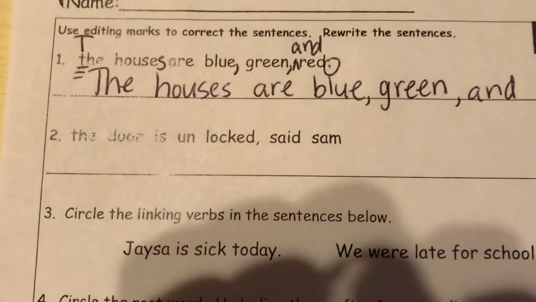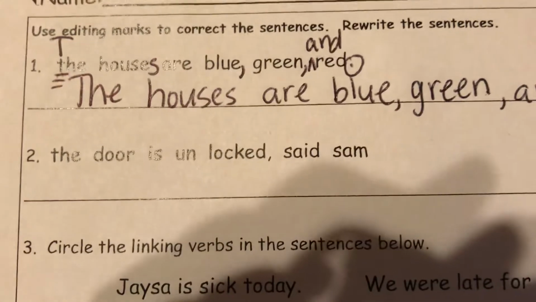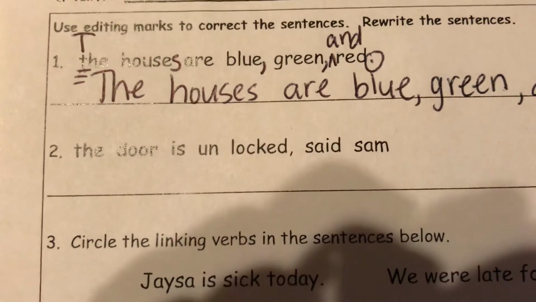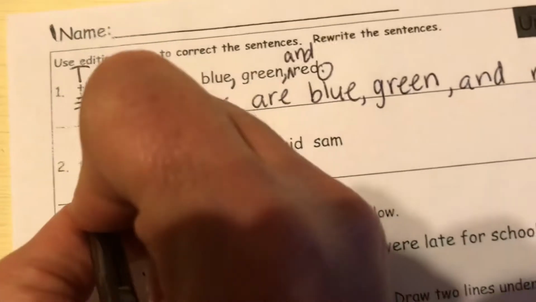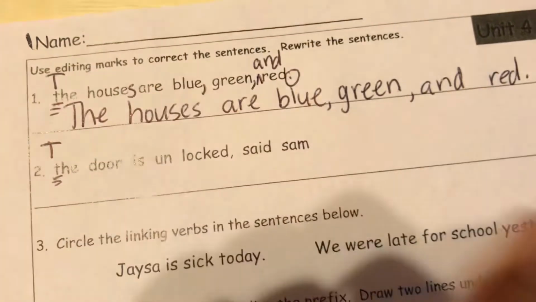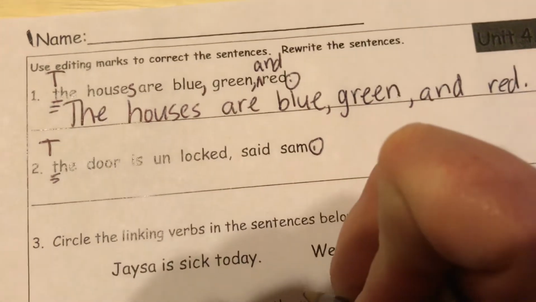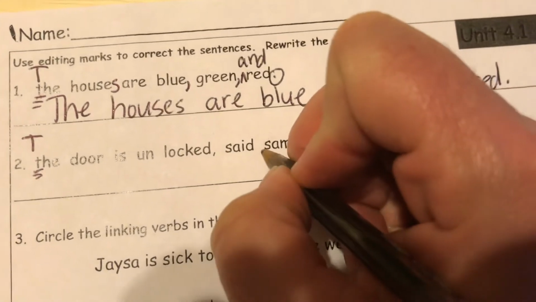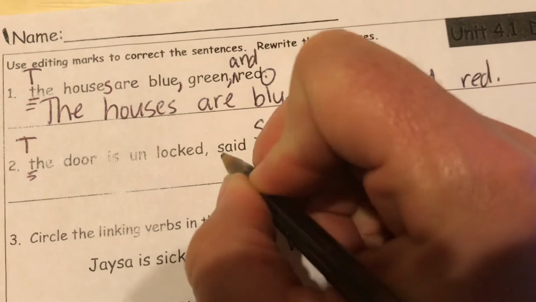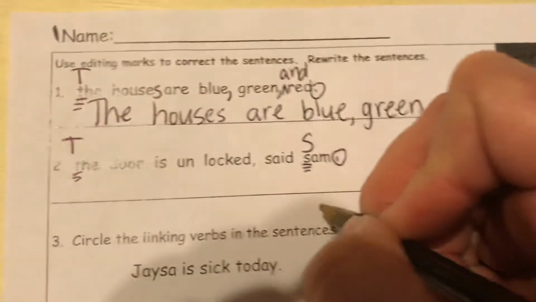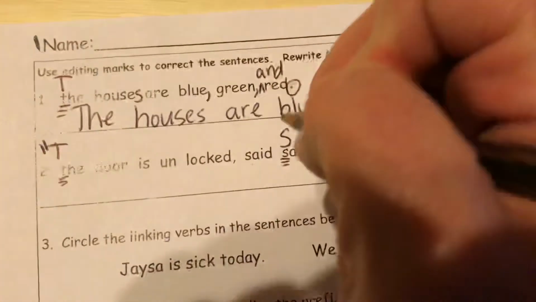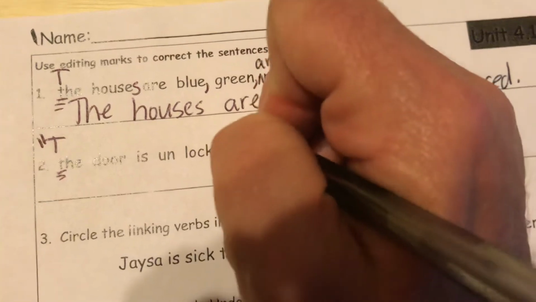Okay, number 2. The door is unlocked, said Sam. So let's see what you guys do for that one. I'm sure that you capitalized, and I'm sure that you put a period because it's telling me something. Okay, then we have to capitalize Sam because it's a name. Good job. And he's talking. Sam is talking because it said Sam. So I have to put, what are those called? Quotation marks at the beginning of what he said and at the end of what he said.